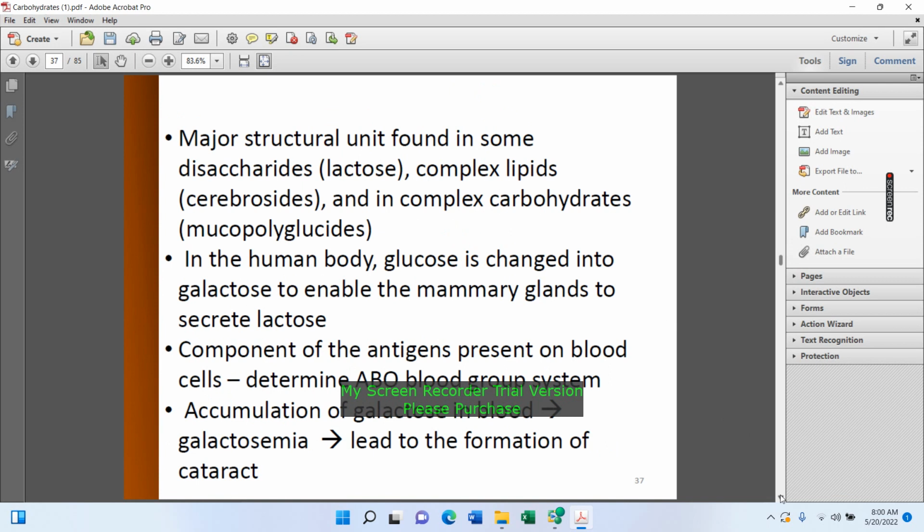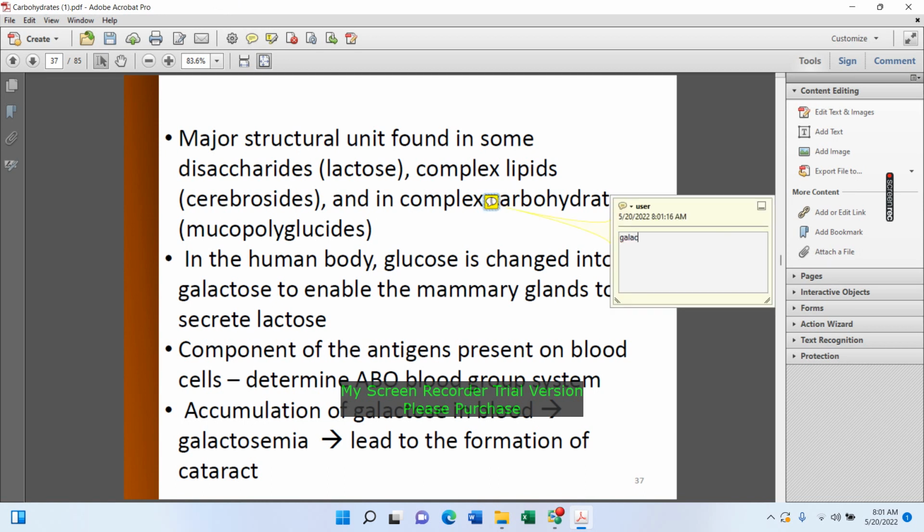Galactose is a major structural unit found in some disaccharides, such as lactose, and also in complex lipids, cerebrosides, and in complex carbohydrates, mucopolyglucides. So where is galactose found? Let's give some examples. One is lactose, a disaccharide.